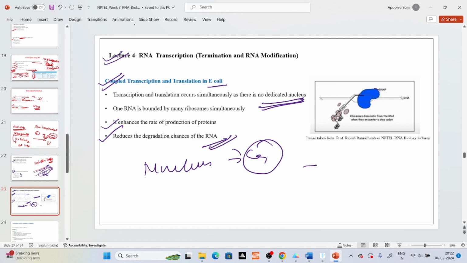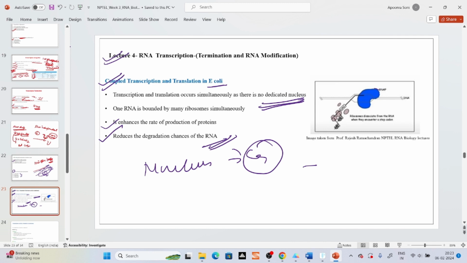But in prokaryotes, RNA transcription and translation both happen in the cytosol. Because of that, RNA becomes very prone to degradation. Why? Because the cytoplasm has a reducing environment.